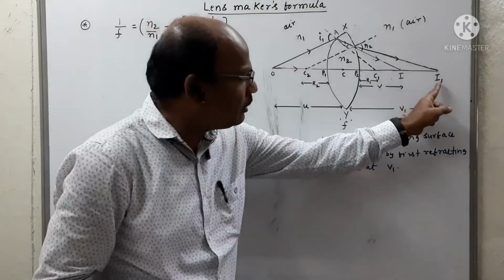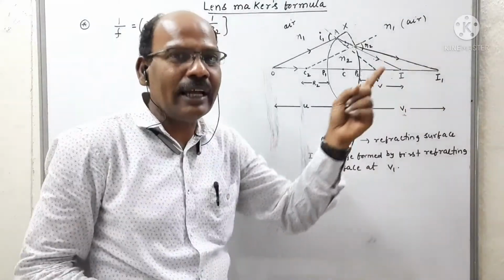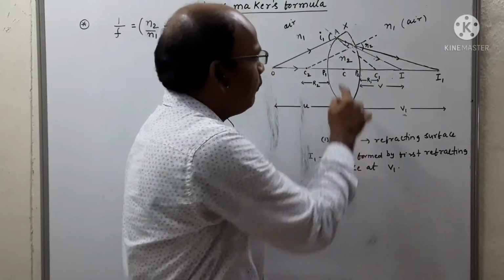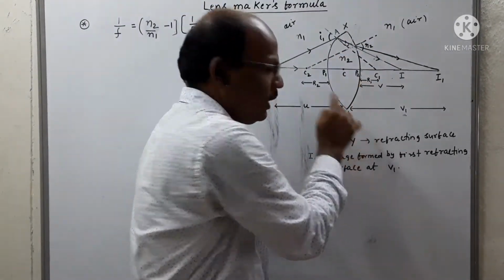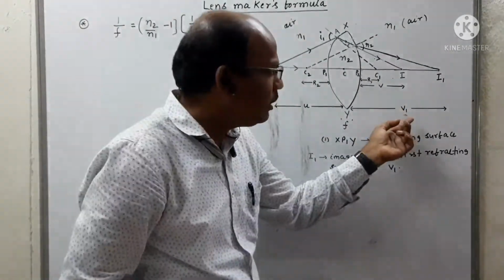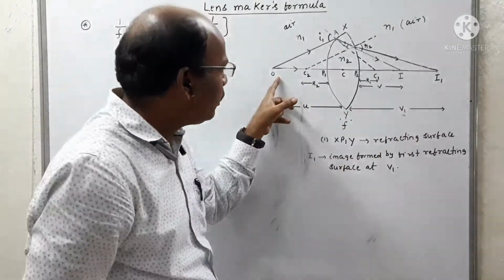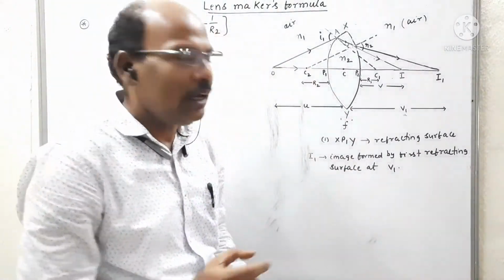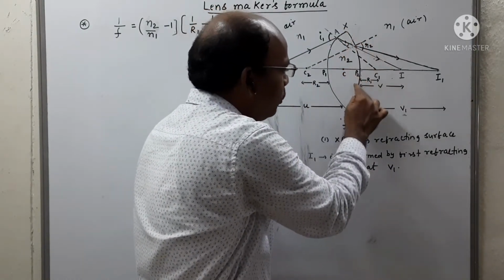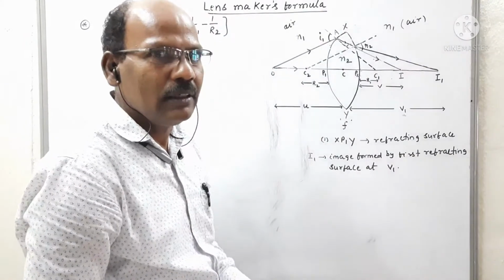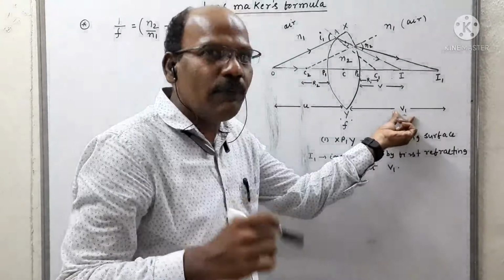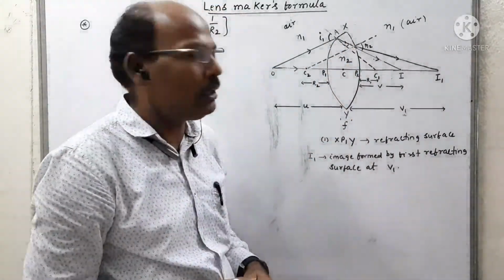But here we are observing that I1 is acting as the virtual object for the second refracting surface XP2Y, which is at a distance V1. So the image of the point object acts as the virtual object having distance V1 for the second refracting surface XP2Y. Then the final image of the virtual object I1 is formed by the second refracting curved surface.